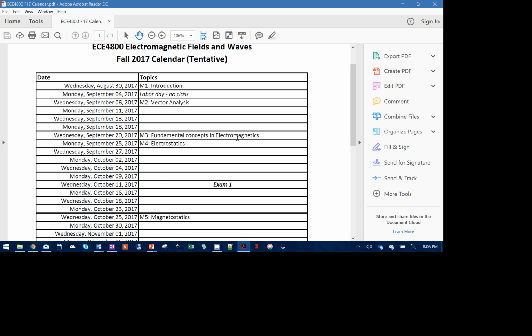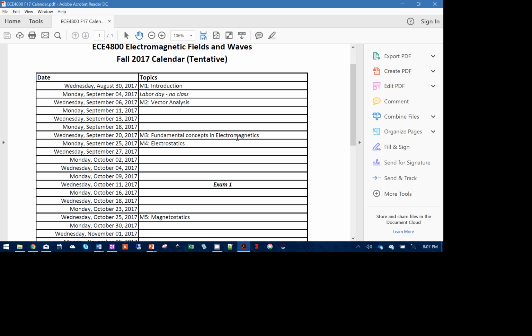I should say the introduction section is going to be more or less motivation for electromagnetics. I'll show you some of the applications of electromagnetics in the real world and emerging topics in electromagnetics, some of the devices that we use every day that incorporate electromagnetic devices. So it's a way for you to get introduced to the field and a motivation for studying the field. I like to do that with most of my classes.